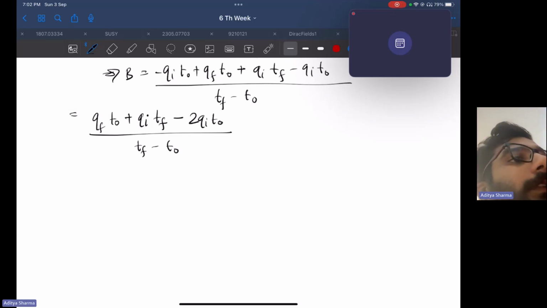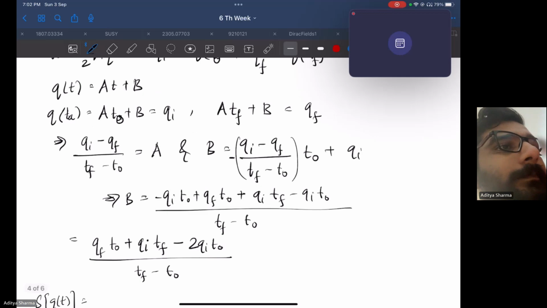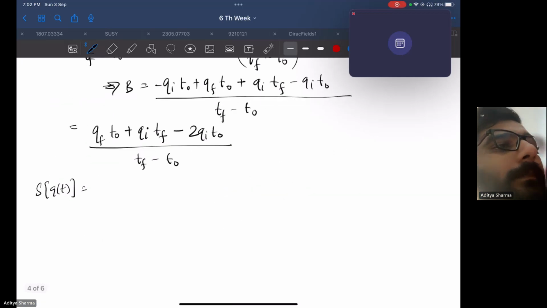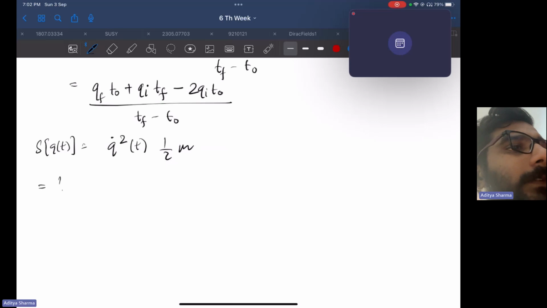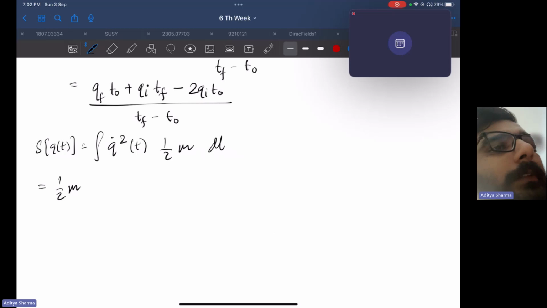Now we are going to put this in as Q of T is equal to Q dot square. This is going to be half m with the integrals.